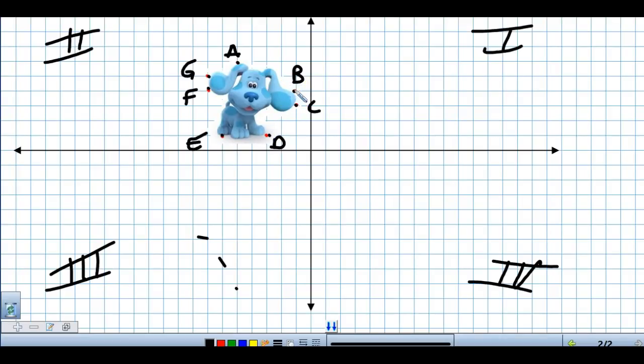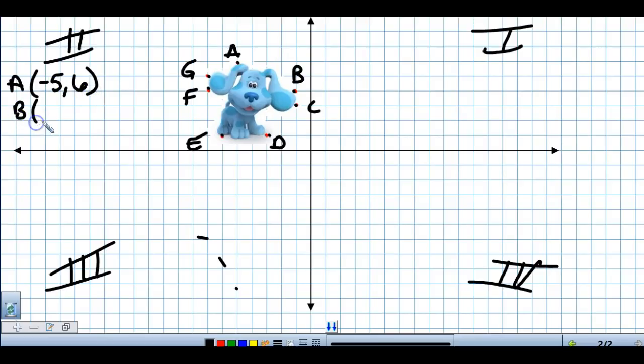All right. So making a quick list here, we have coordinate A is at 1, 2, 3, 4, 5, 1, 2, 3, 4, 5, 6. Just double check one more time. -5, 6. Okay.